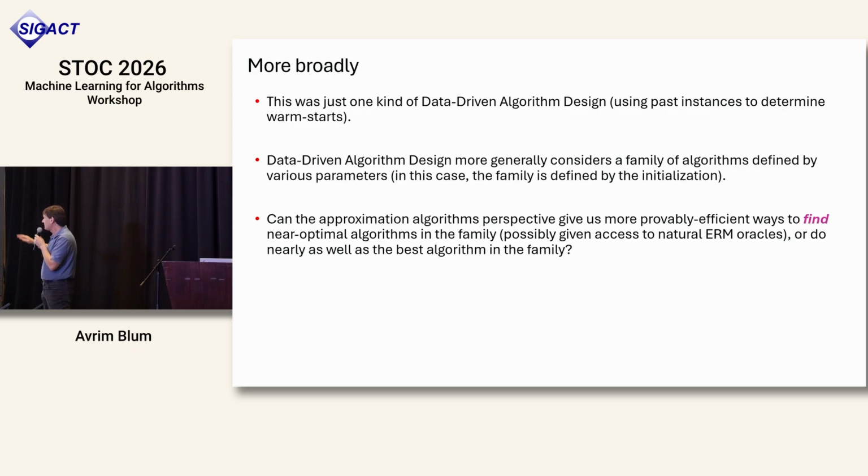So maybe given access to natural ERM oracles or various things that are natural to assume, can we either find a near-optimal algorithm or do nearly as well as the best algorithm in the family, and so forth. Yeah, that's it.